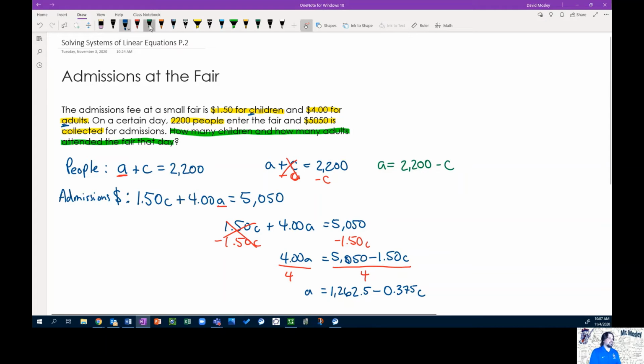So our second equation is A equals 1,262.5 minus 0.375 C. This is our system of linear equations. Now we need to solve these.